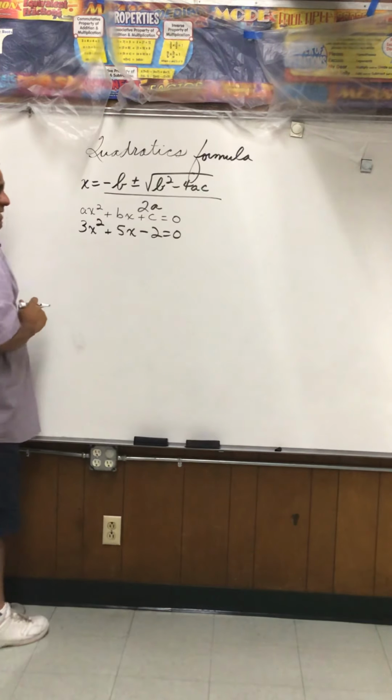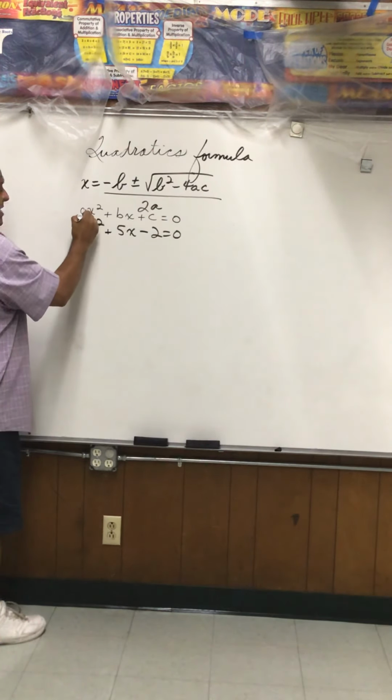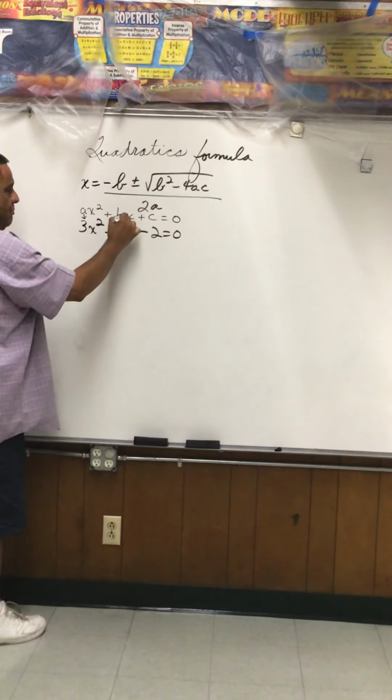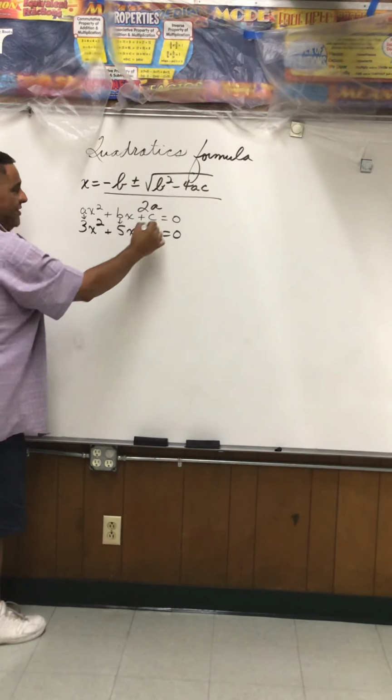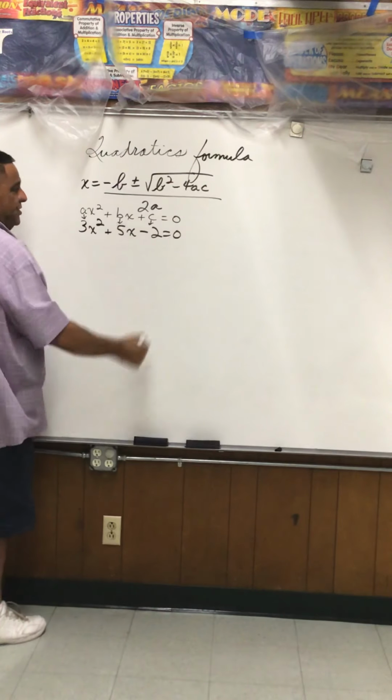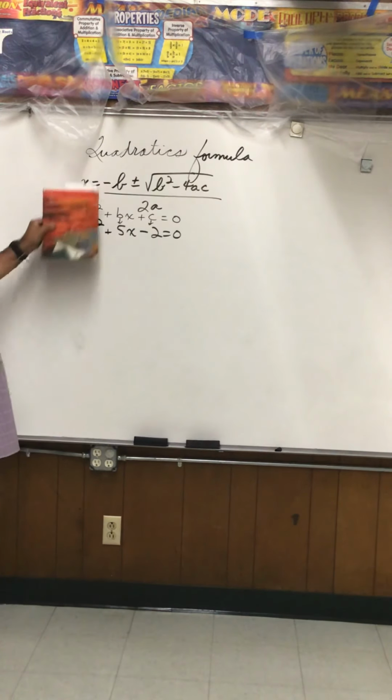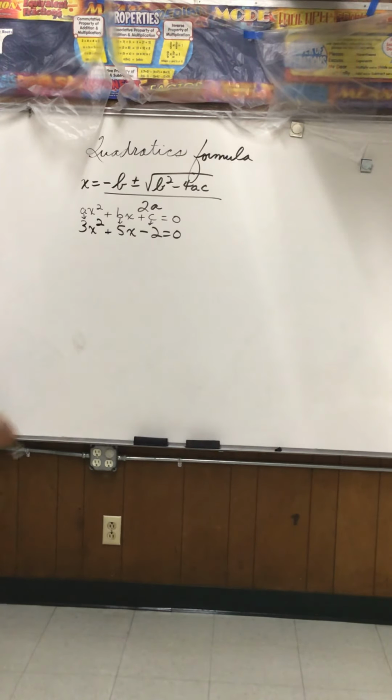That's where the a, the b, and the c comes in. Notice that your a is going to be 3, your b is going to be 5, your c is going to be negative 2. So all we need to do is substitute.